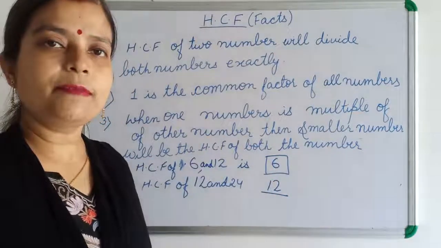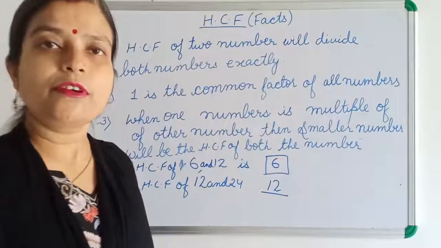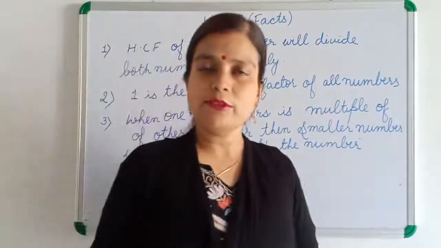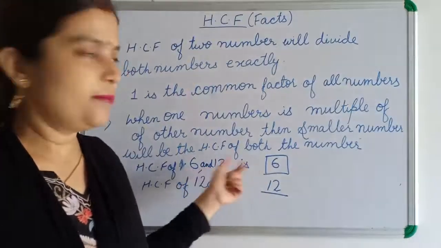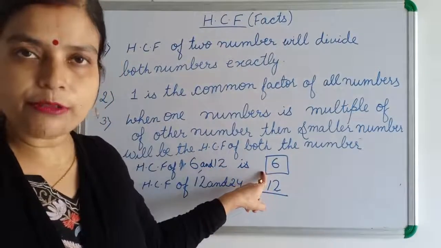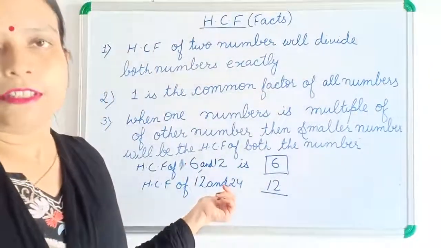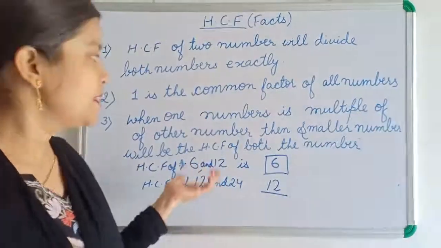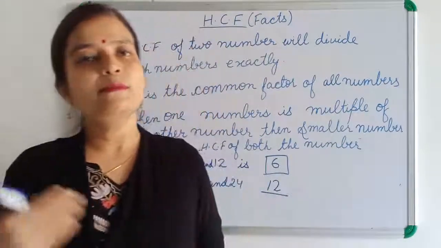According to that statement, it should be not equal to 6. So it is not always smaller than both of the numbers. Sometimes it is equal to the smaller number, when one number is a multiple of the other number. So this statement is wrong.